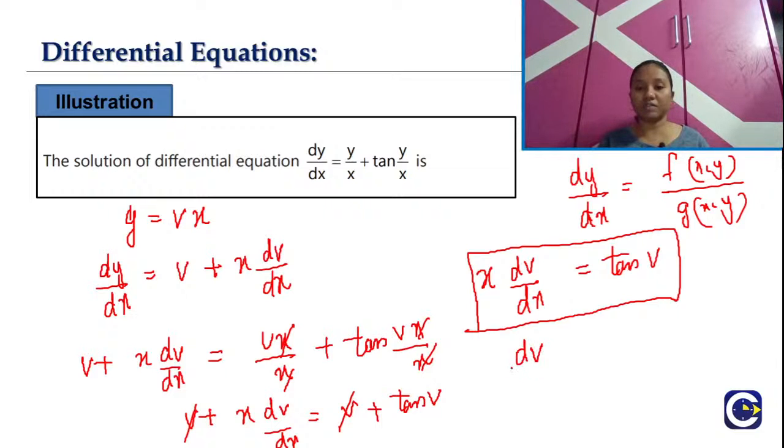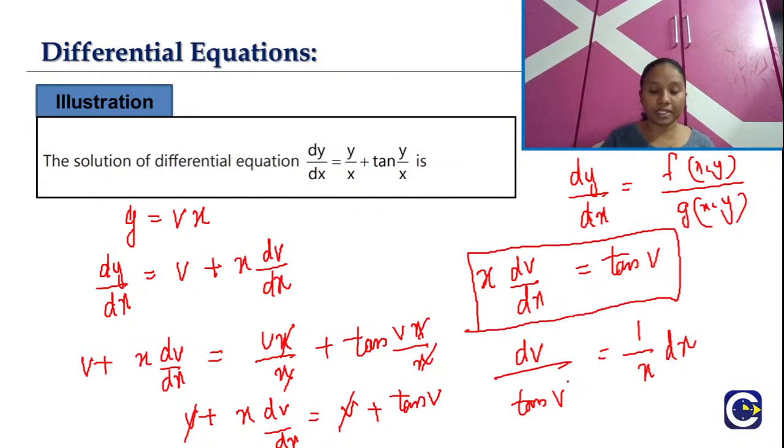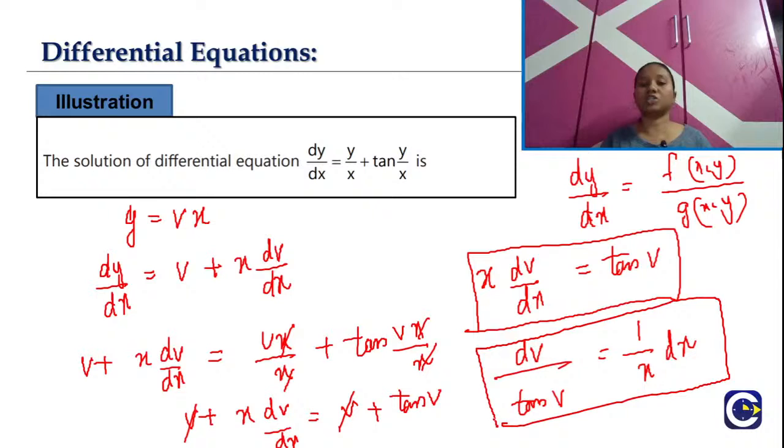This will be dv by tan v, and on the other side 1 by x dx, in order to do the integration here. So dv by tan v is equal to dx by x. This is our simplified version after the substitution of y as vx. The further step is simple integration on both sides.